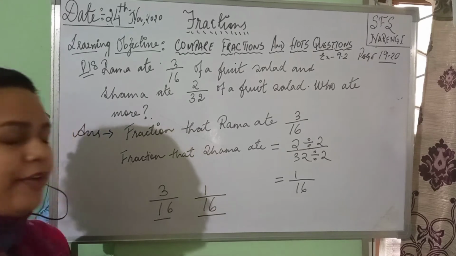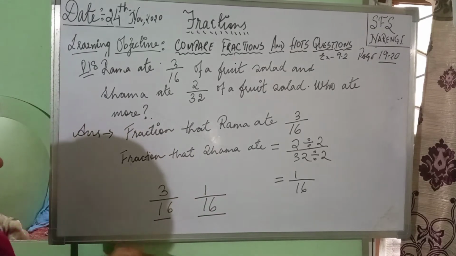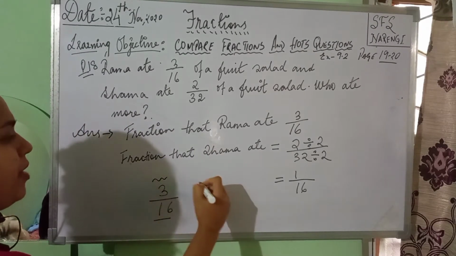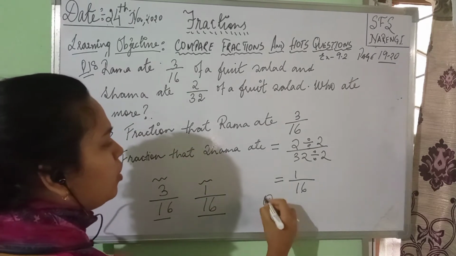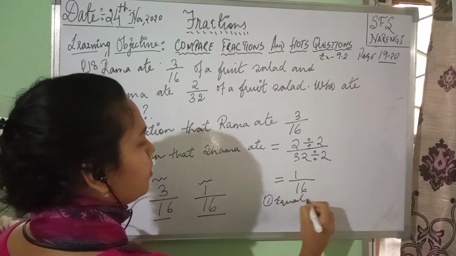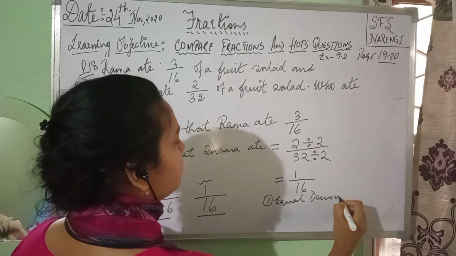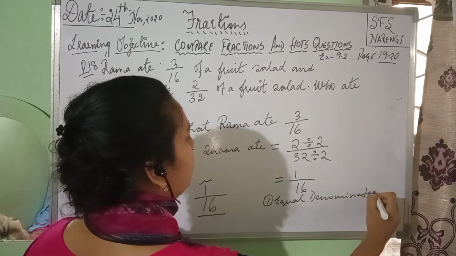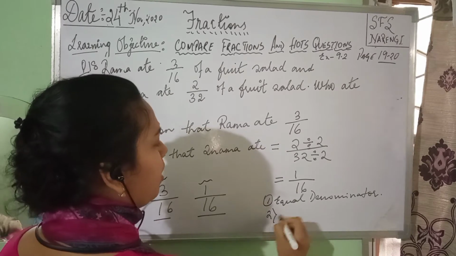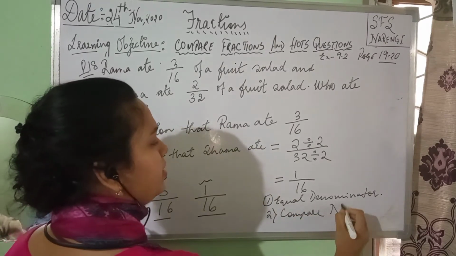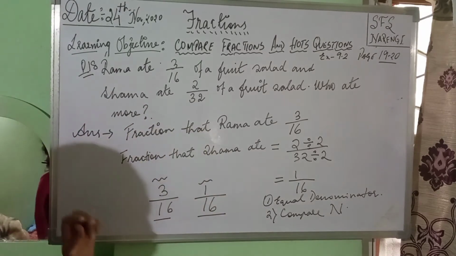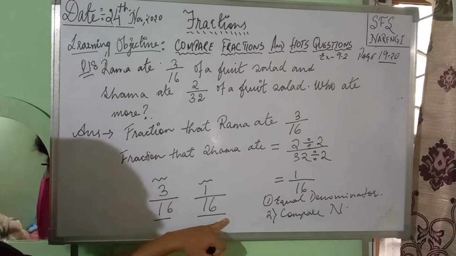You have to have equal denominators and you have to only compare the numerators. What do you need? Number 1, you need equal denominators. And number 2, compare the numerators.